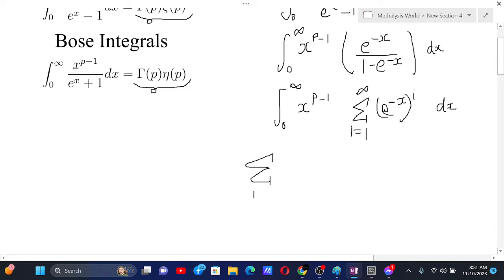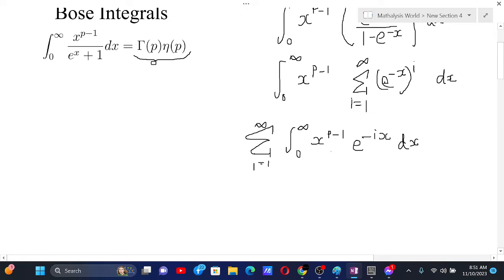So we have the sum from i equals 1 to infinity, integral from 0 to infinity, x to the power p minus 1 e to the power minus ix dx. Now through the Laplace transform, or through just gamma functions, we can easily solve this one.